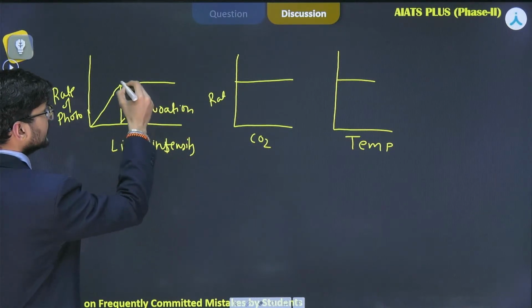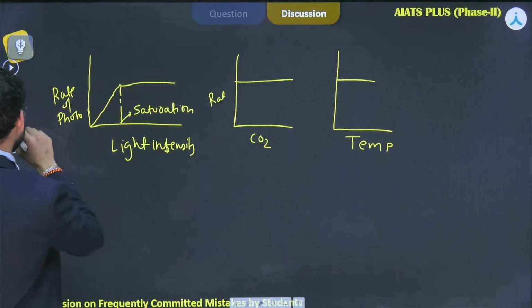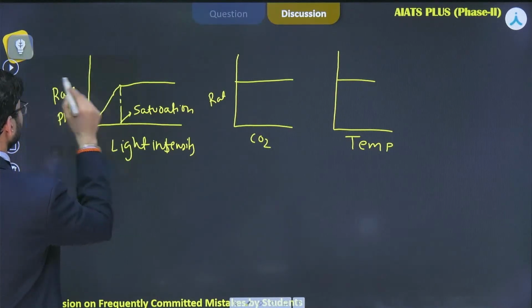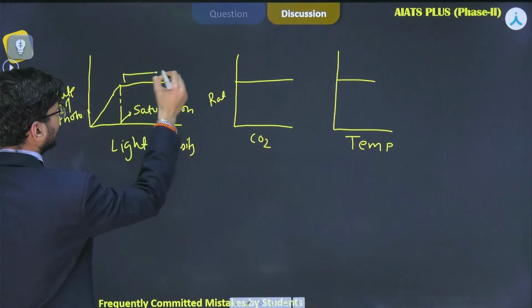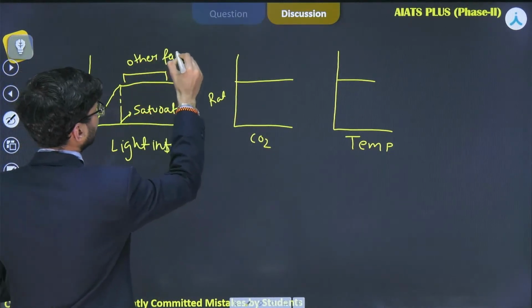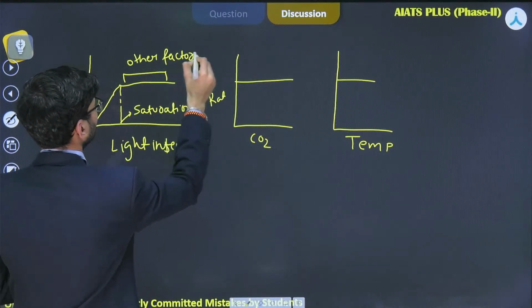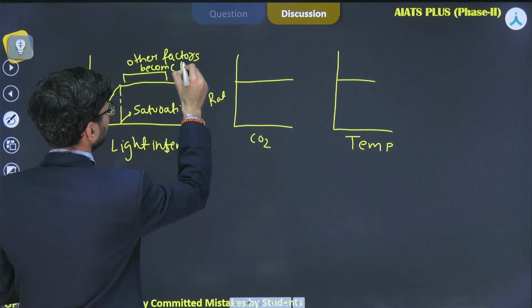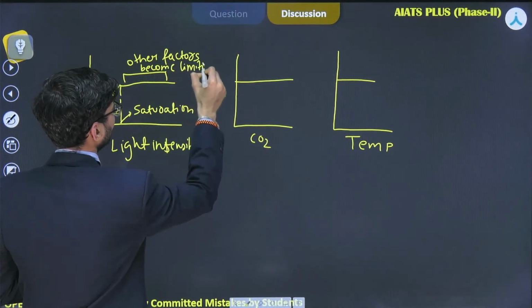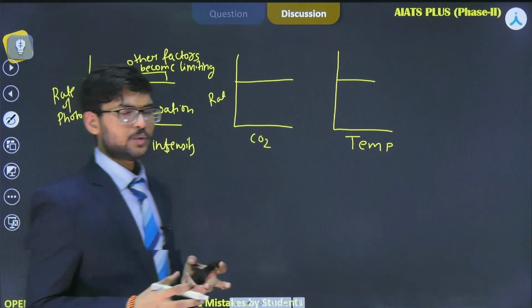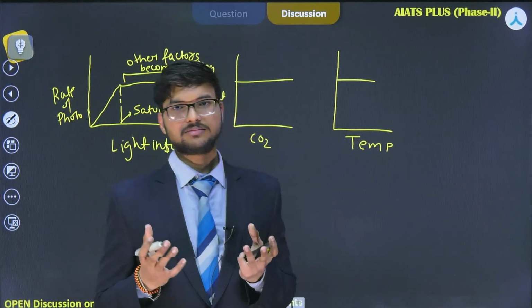This is called the saturation point, and at this point you will see that there are other factors that become limiting.